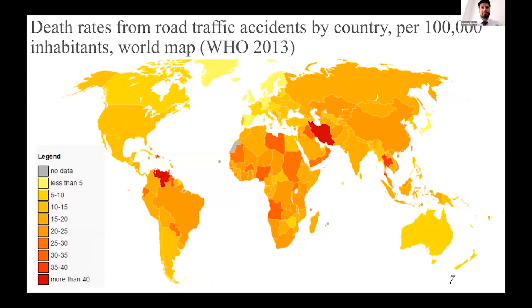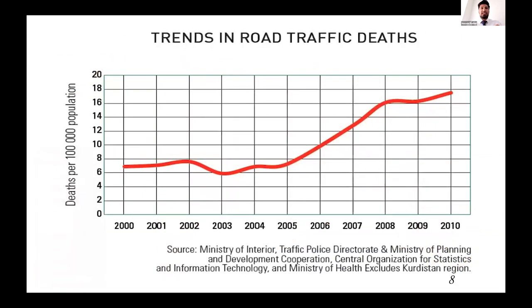Also, this is the data of Iraq from 2000 until 2010. That was one of the main issues Dr. Kumar was asking all the presenters about. One of the major problems in my study was collecting data, because we are dealing with a Middle Eastern country like Iraq.